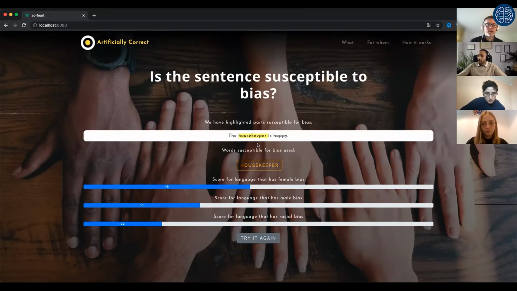As you could see on Google Translator, we also saw a bias here. If you look at our score, the score for female bias is way higher than the other scores. So here we can flag housekeeper as a potential location where machine bias is occurring, and as you could see in your example, there was actually a bias.